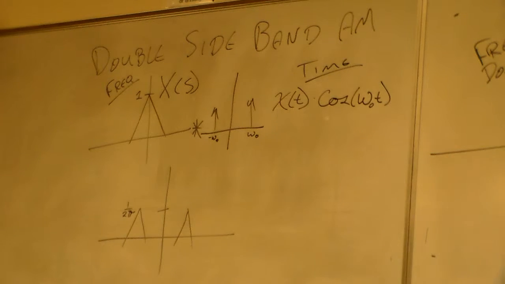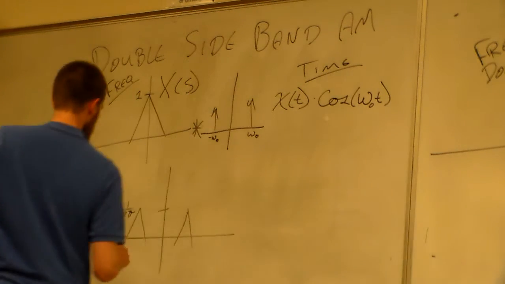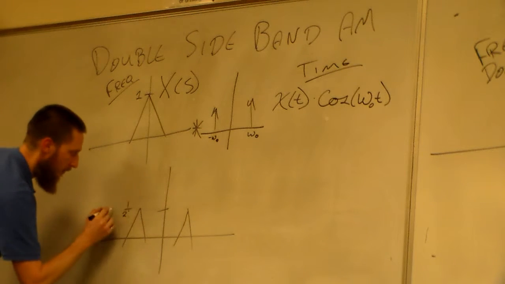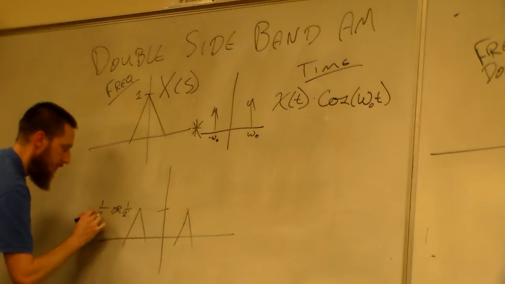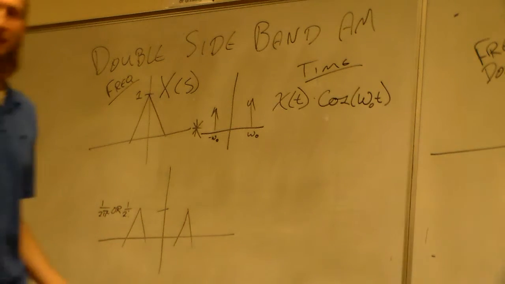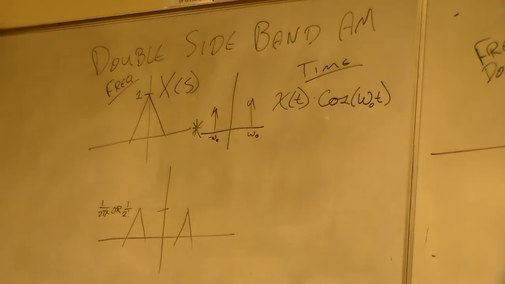I might have messed up. We'll have to look. Actually, do this math out and double check what the amplitude is supposed to be. It's 1/2 or 1 over 2 pi, I can't remember which one. Double check, look it up online. It's in the textbook. We can find this in a lot of places.